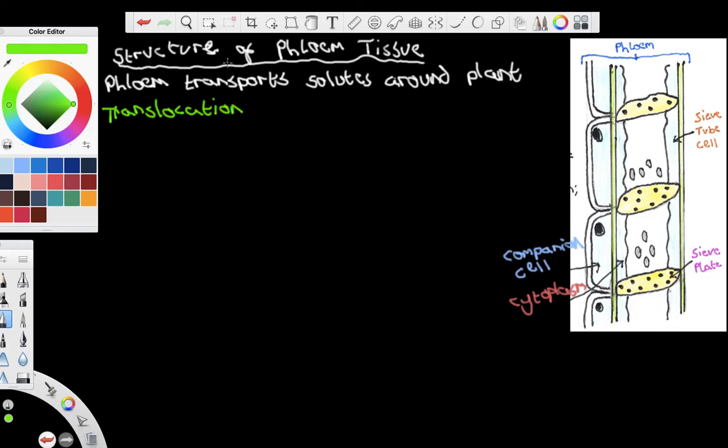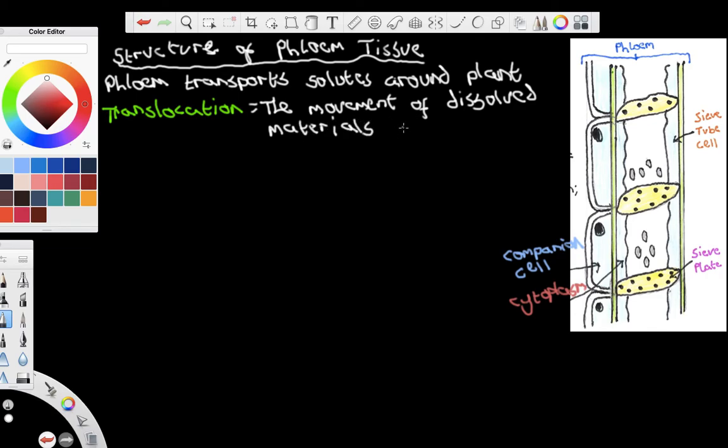Now, translocation is defined as the movement of dissolved materials in a solution. Okay, so the movement of dissolved materials around a plant in a solution.